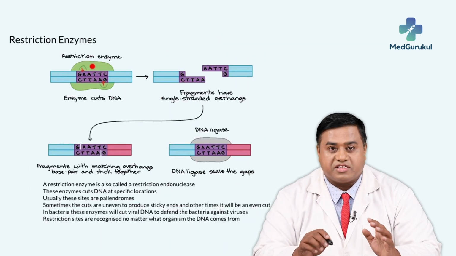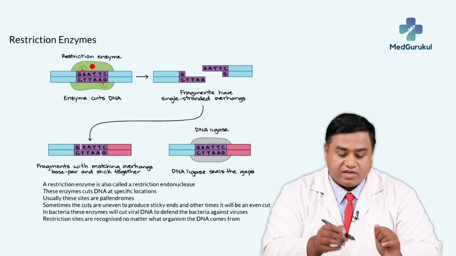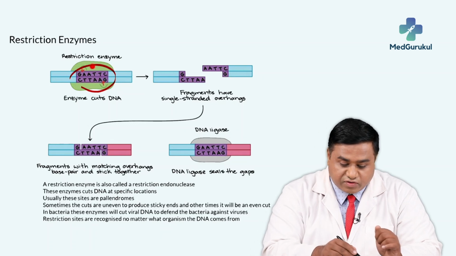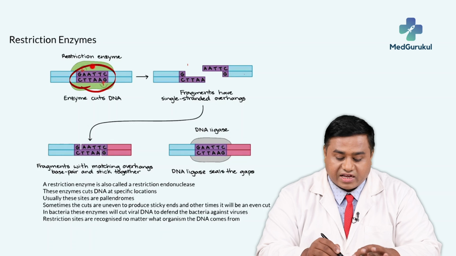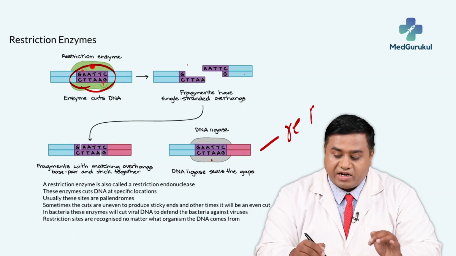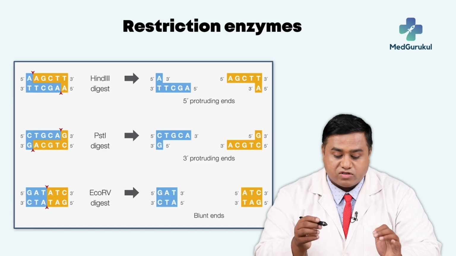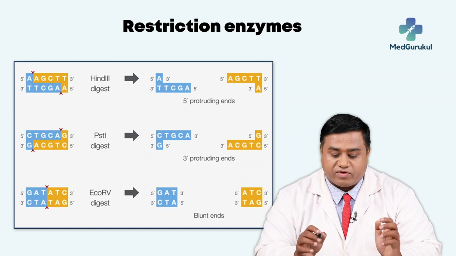So this is what restriction enzymes do. It recognizes a particular sequence, cuts the strand and with the help of DNA ligase, we can reseal the strand producing a recombinant DNA.